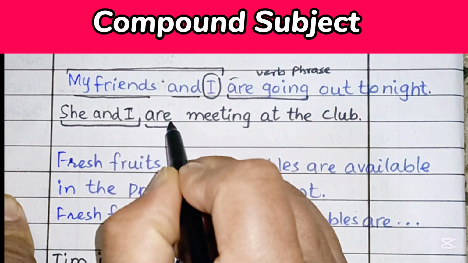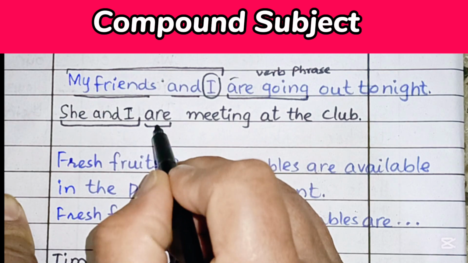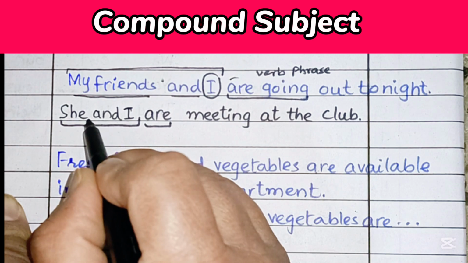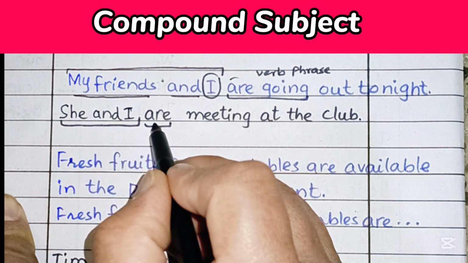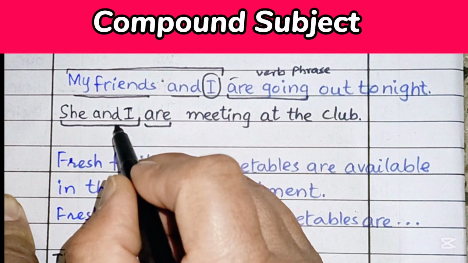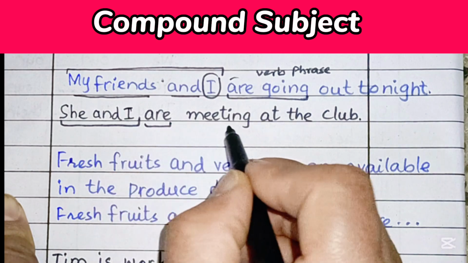And it is followed by a matching verb, because the subject is plural. So the verb should also match the compound subject. So, she and I are meeting at the club.